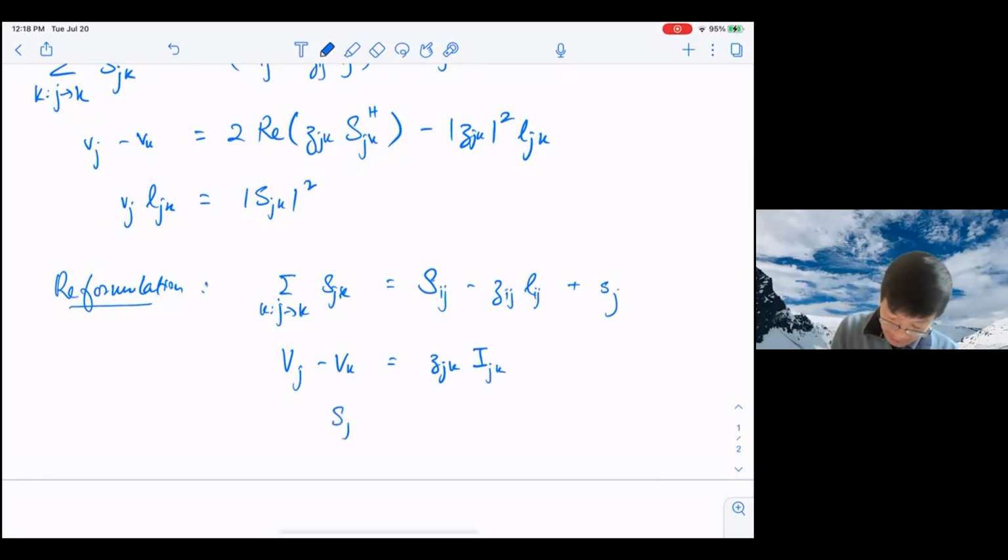And then Sjk is simply Vj times Ijk complex conjugate. So this is simply the definition of branch power in terms of the voltage and the current. And then Ljk is the magnitude of Ijk squared.